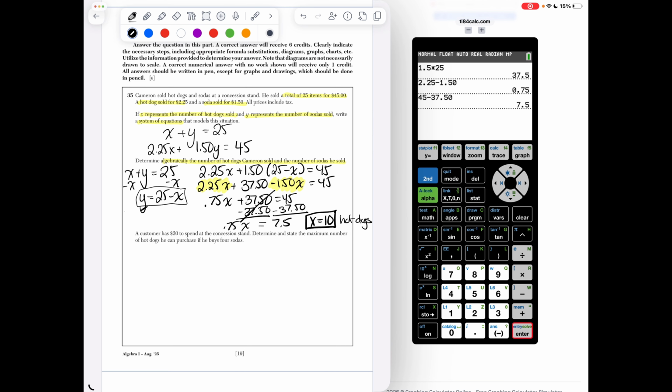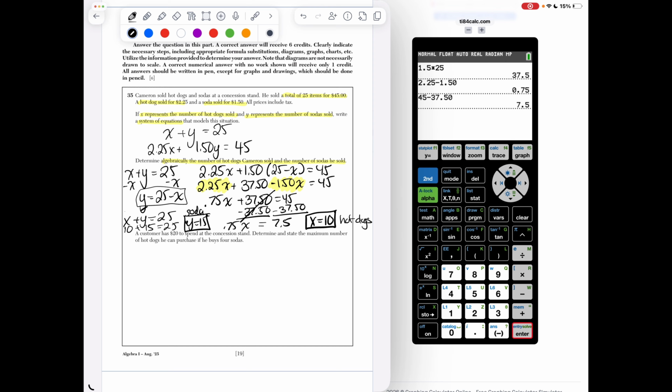So let's go to X plus Y equals 25. If he sold 10 hot dogs, he had to sell 15 sodas. So Y is equal to 15. And this is a soda.